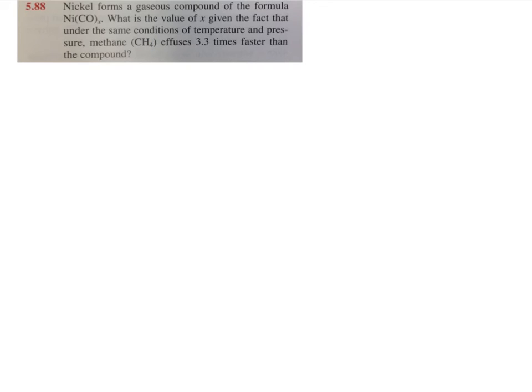We know the effusion speed of methane over the effusion speed of this unknown compound. Methane effuses 3.3 times faster than the nickel compound. So the effusion speed of methane over the effusion speed of this unknown compound is 3.3.